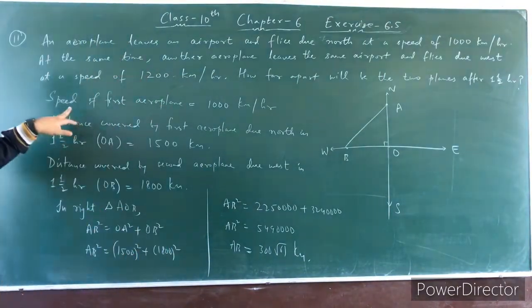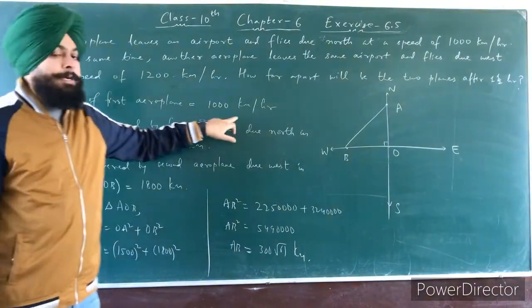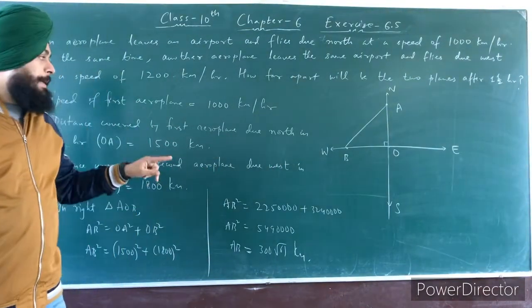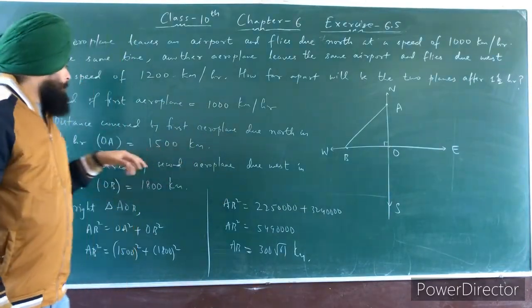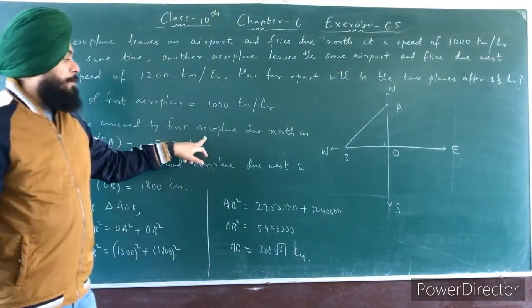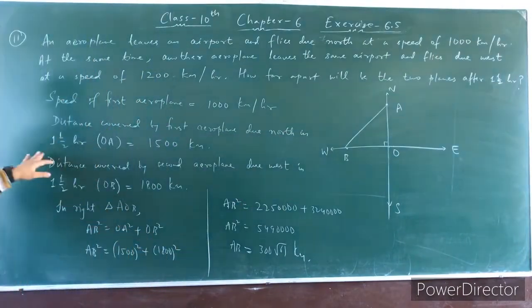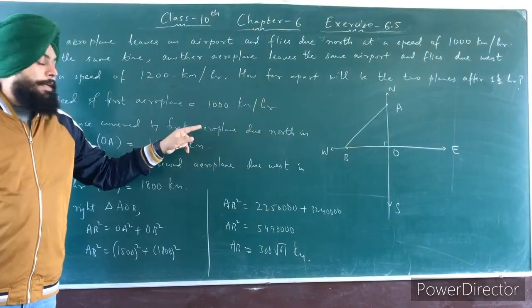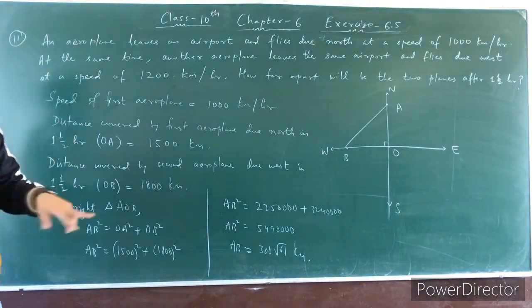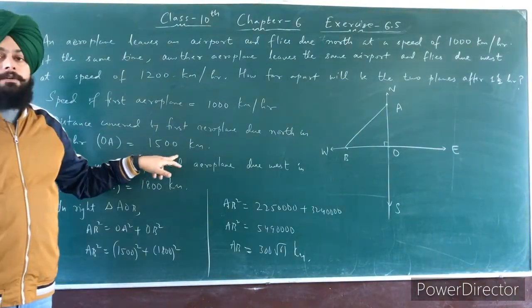So the speed of first aeroplane is 1000 km per hour. So it means in 1 hour they covered 1000 km. So distance covered by first aeroplane due north in 1.5 hours: if they covered in 1 hour 1000 kilometer, then in 1.5 hour they covered how much? 1500 kilometer.